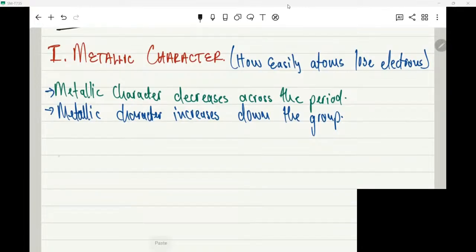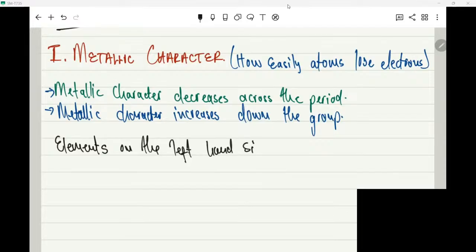So you can say atoms or elements on the left hand side, I don't want you to really remember this one. What I want you to remember is the trend. These ones have high metallic character.